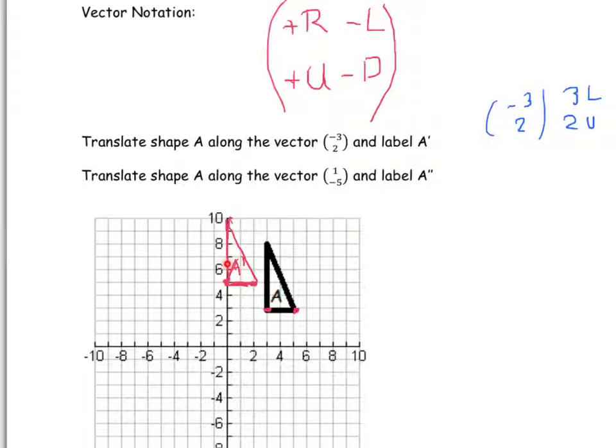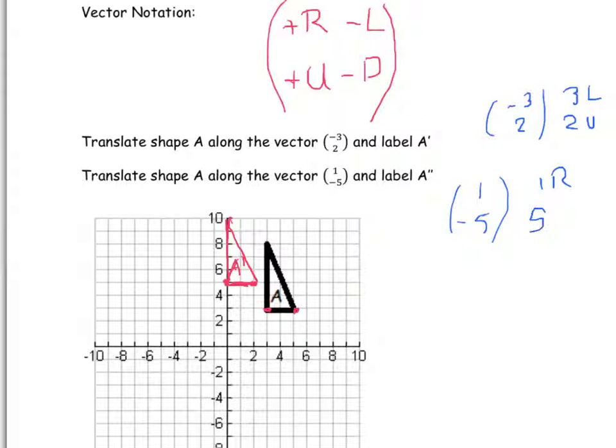We're also asked in this question to translate shape A along the vector 1, -5 and label it A dash dash. So, what does 1, -5 mean? Well, the 1 on the top means it's going to go right 1, and the -5 means it's going to go down 5.